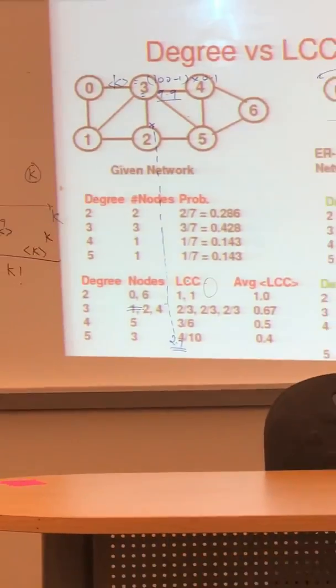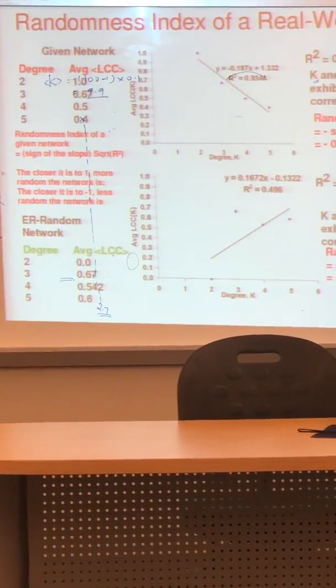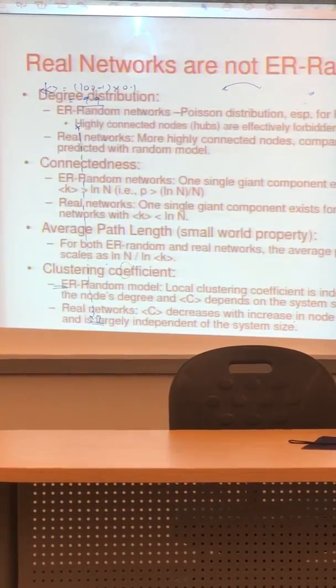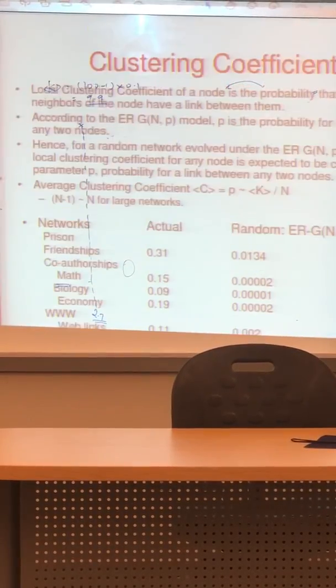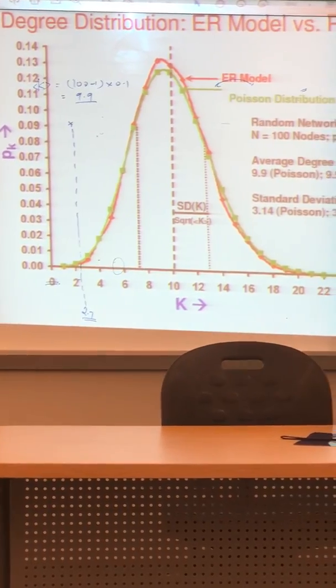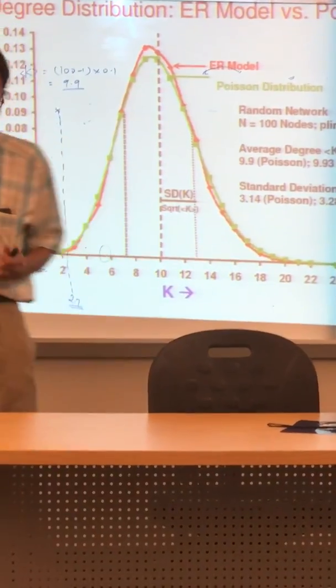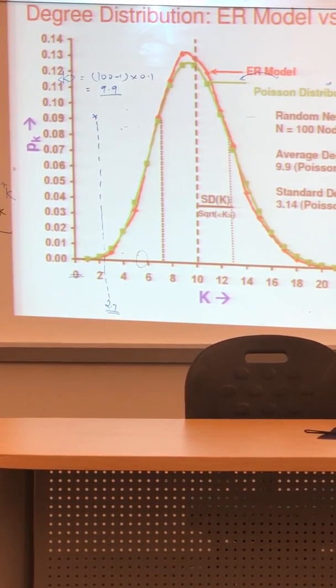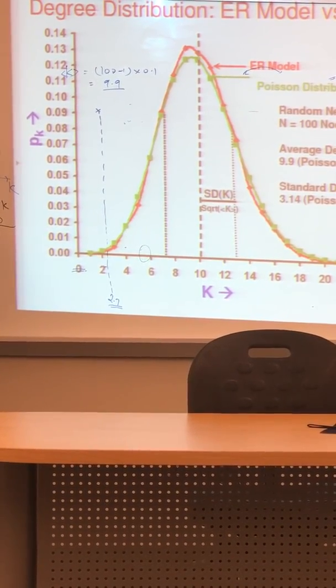So if you look at the graph here, okay, for a Poisson distribution, the theoretical formula for standard deviation is what? Anyone can say?